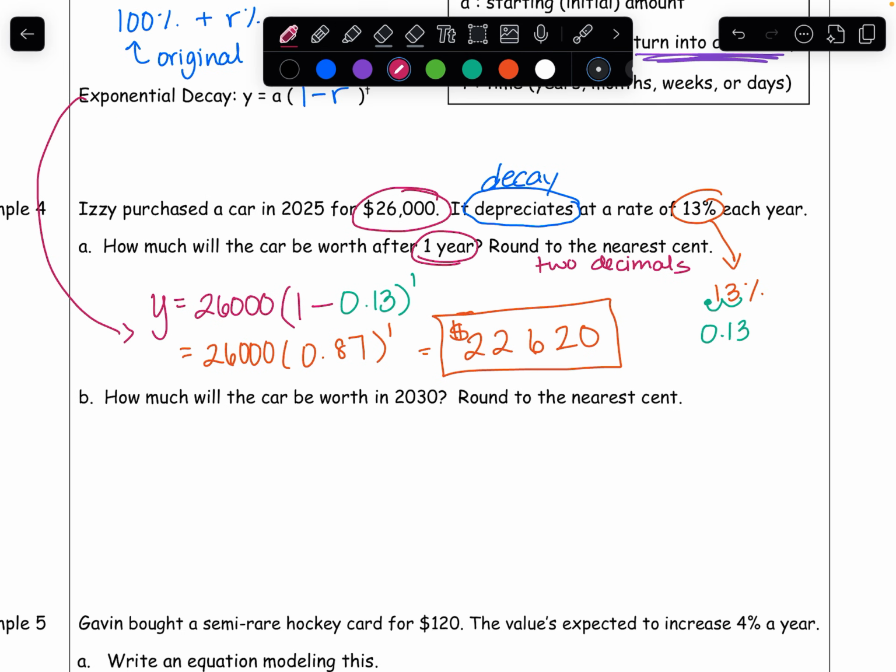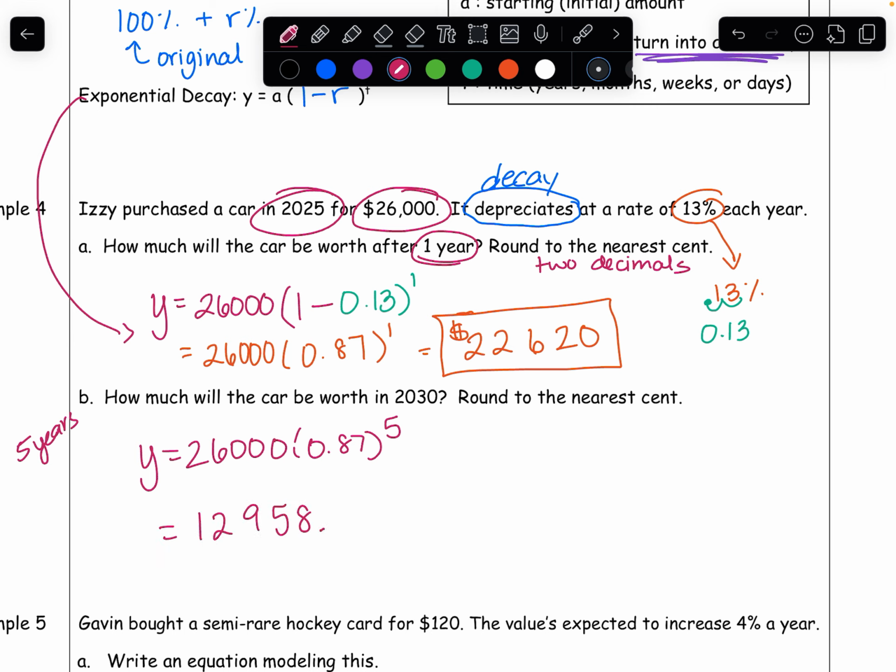Next problem, B. How much will the car be worth in 2030? Well, it was bought in 2025, so this means that 5 years has passed. So when we take that equation, we're going to plug in 0.87 to the fifth power, which will give us, this one's going to be a decimal, 12958.9439.